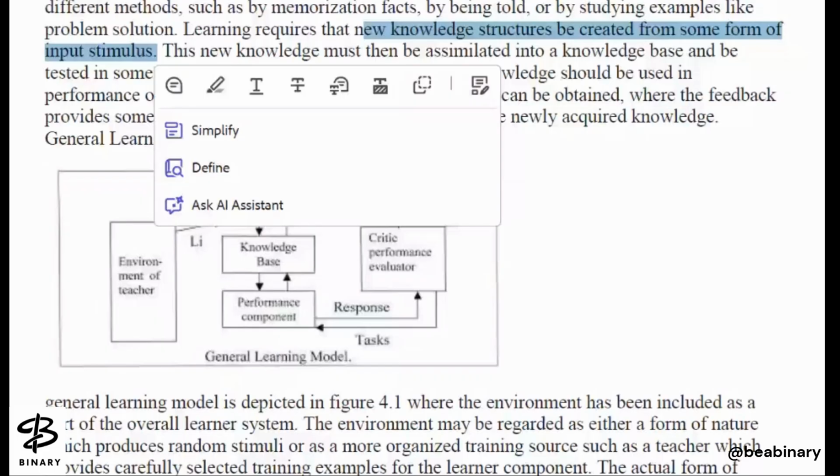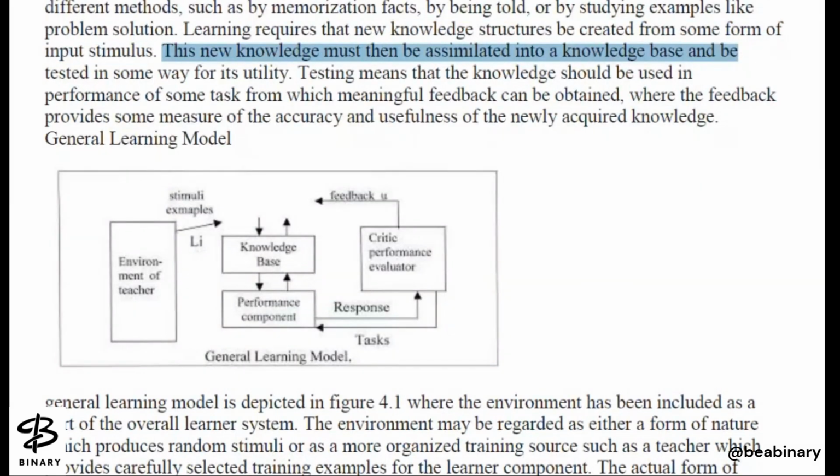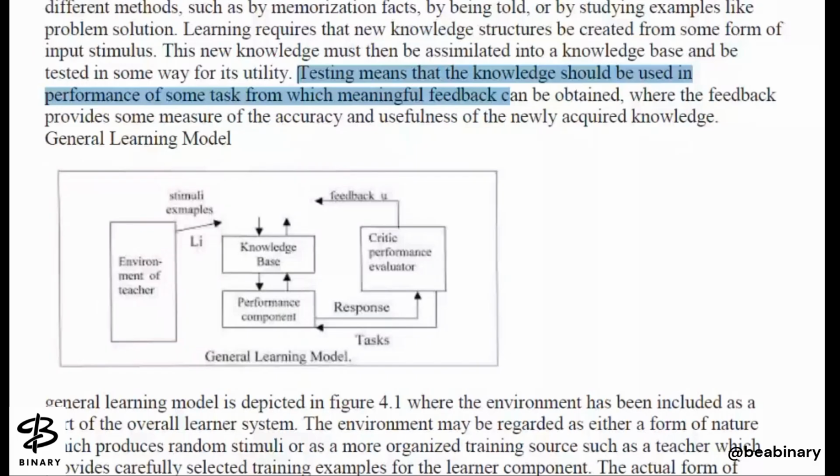This new knowledge must then be assimilated into a knowledge base and be tested in some way for its utility. Testing means that the knowledge should be used in the performance of some task from which meaningful feedback can be obtained.